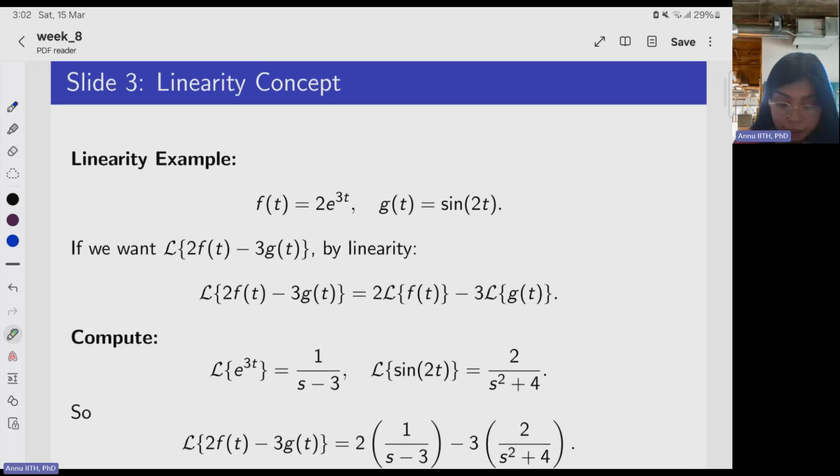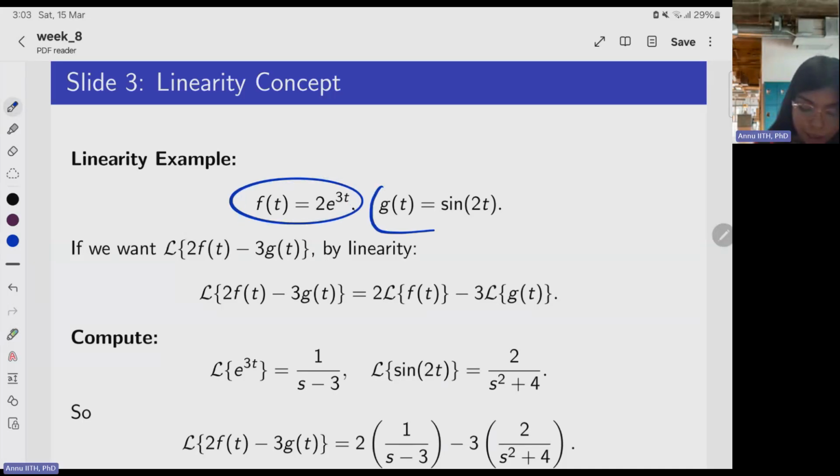So there are some examples, first the linearity example. Suppose you have f(t) equal to 2 e^(3t), and g(t) equal to sin 2t.